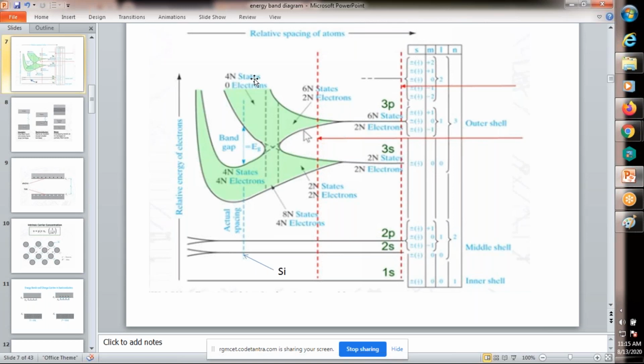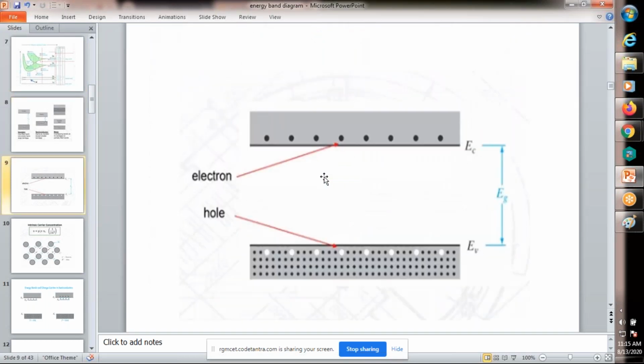If 10 atoms are there, how many states are there? 40 states, if for example we consider 10 atoms. Similarly, more energy states are available in the conduction band. What are the carriers here? Carriers are the electrons. That means an electron can move from one energy state to another energy state, resulting in a current. Whenever an electron or hole is moving, only then is current produced. Remember that.